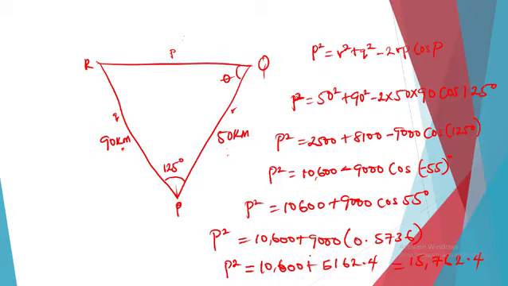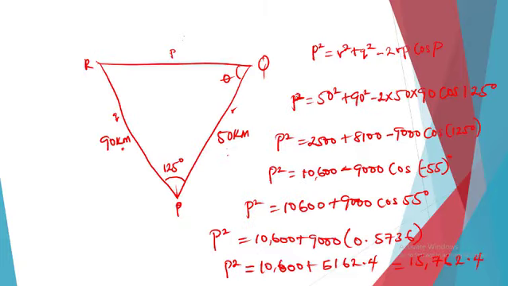So finding the value of P, P will be equal to the square root of 15,762.4, and that will give us 125.5 kilometers.